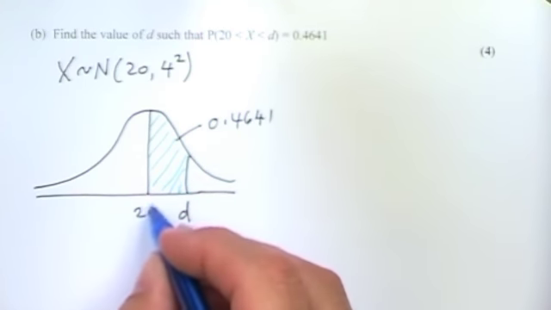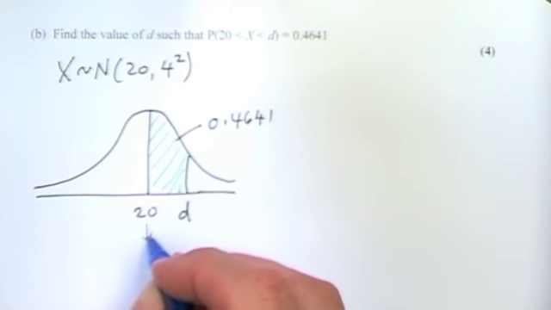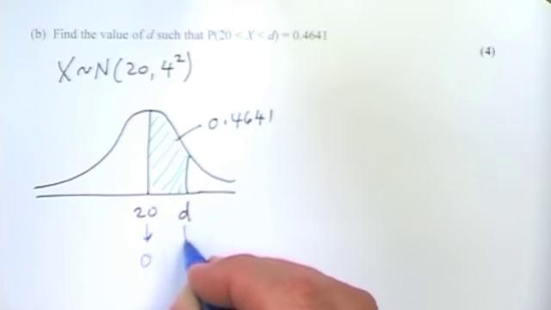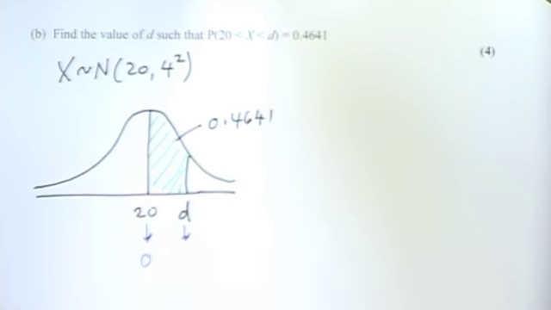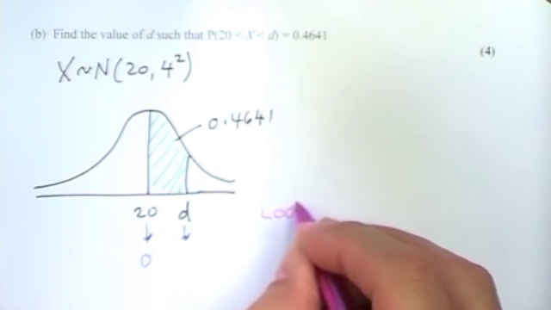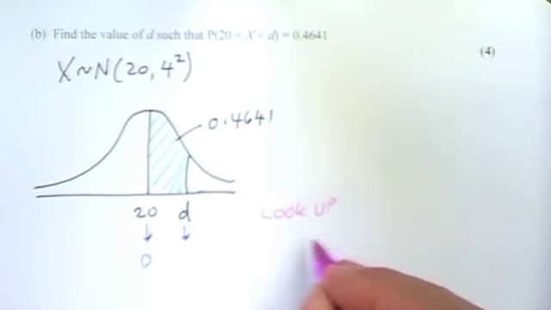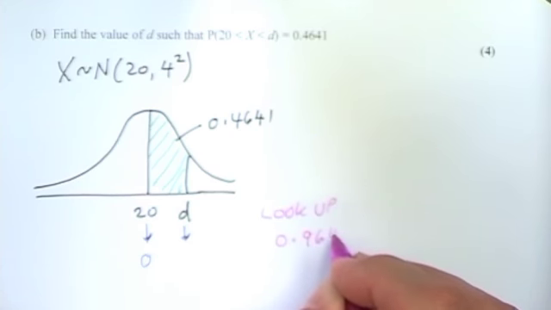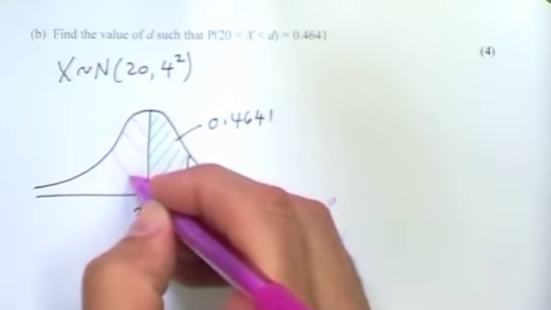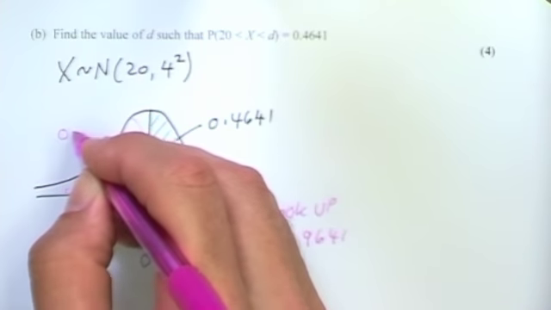Let's just convert these to our z values then. So this becomes 0, and this, after looking up the probability, we must actually look up 0.9641, because this area here is 0.5.